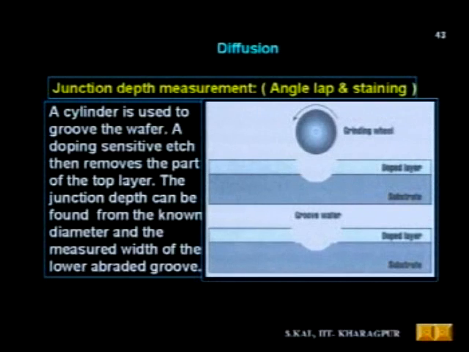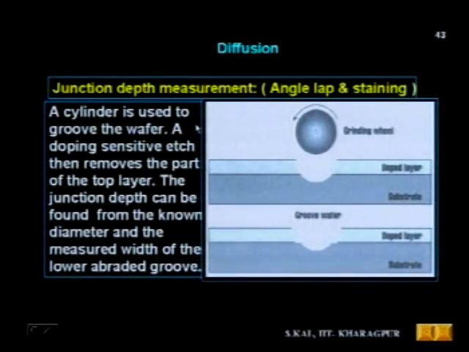They use a cylinder, and using some motor speed they rotate the cylinder, and then a groove is formed in the diffused layer. Here this is a substrate and this is a doped layer, and this is the rotating grinding wheel. If the wheel is rotated, automatically a groove will form, and its radius of curvature is similar to the radius of curvature of the grinding wheel.